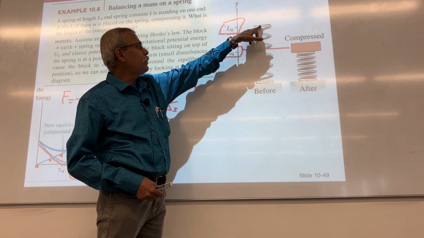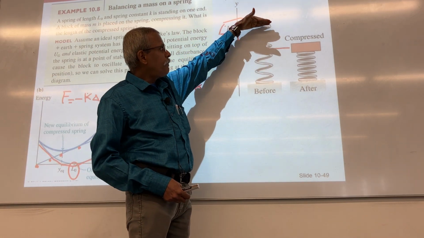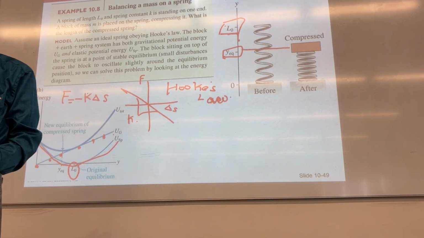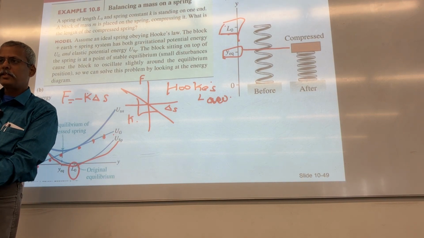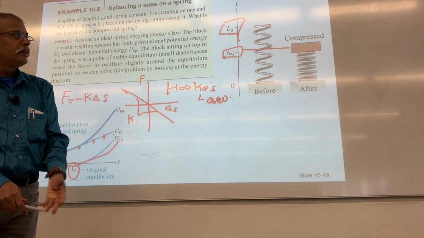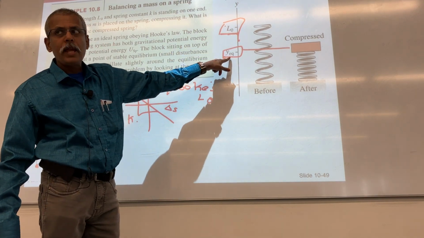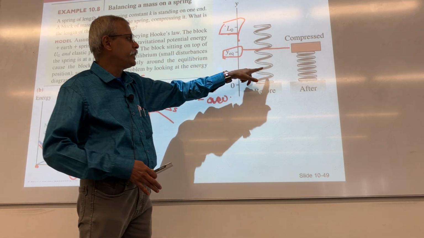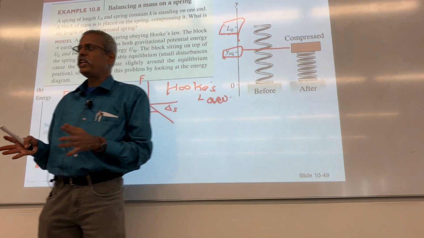So this is the original length, but you are now compressing with a mass, some block. What happens when you compress this? It changes the length, right? So it goes from L sub 0 to the Y equilibrium position. That's where it is, compressed. So there is a change.